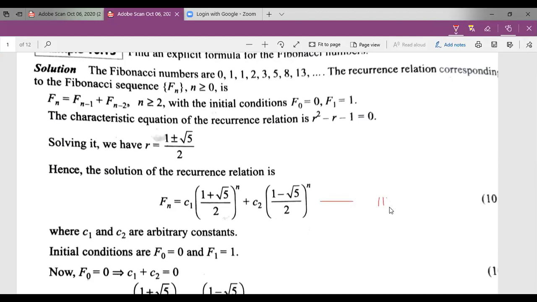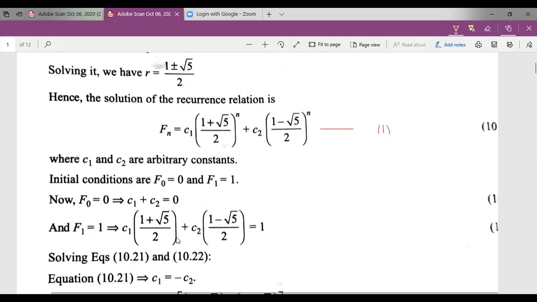Putting n is equal to 0 in equation 1, it becomes F0 is equal to C1 into 1 plus root 5 by 2 whole power 0 plus C2 into 1 minus root 5 by 2 whole power 0. Anything power 0 is equal to 1, and the given condition is F0 is equal to 0. So we substitute these values, and we get the equation C1 plus C2 is equal to 0.